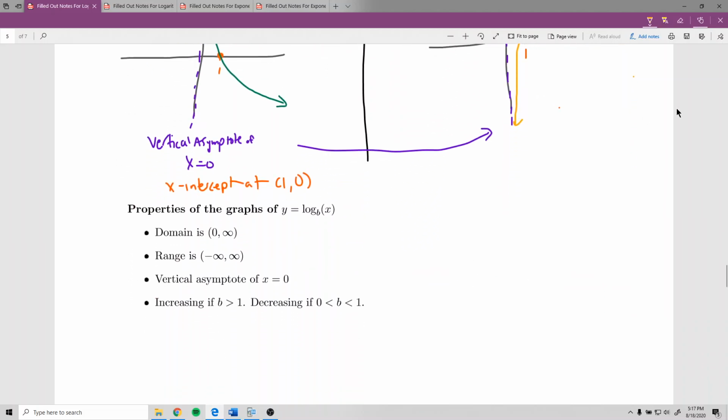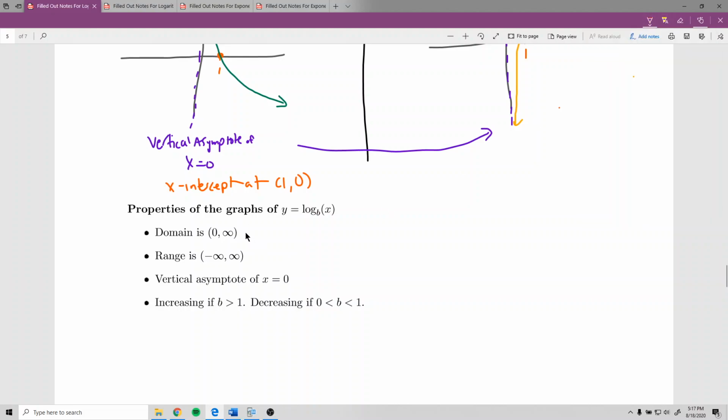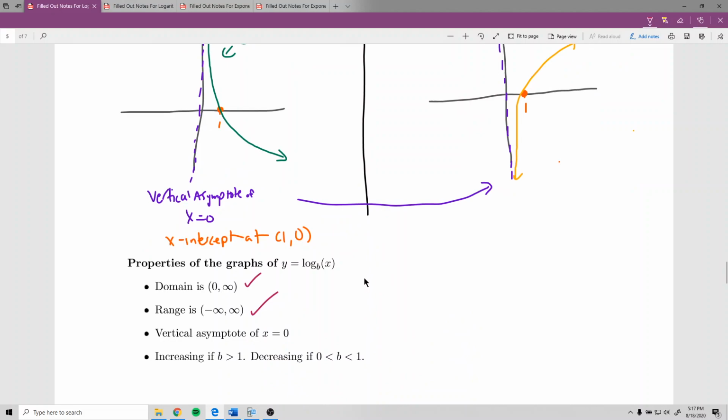All right, so as I have written down before, we already mentioned this. The domain is 0 to infinity. It doesn't touch 0 because of the vertical asymptote. That's why we got parentheses. The range is all real numbers. What that means is this graph goes up or down forever, and this one goes up forever and down. We have a vertical asymptote of x equals 0.